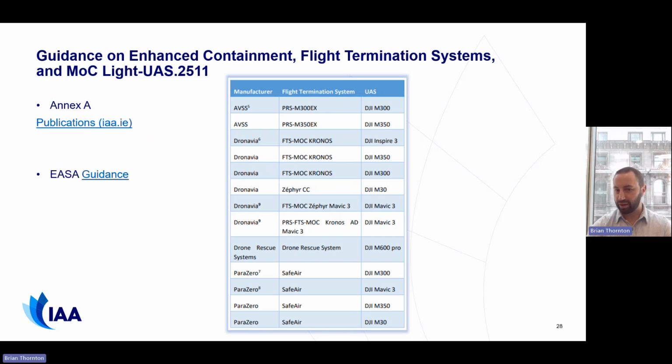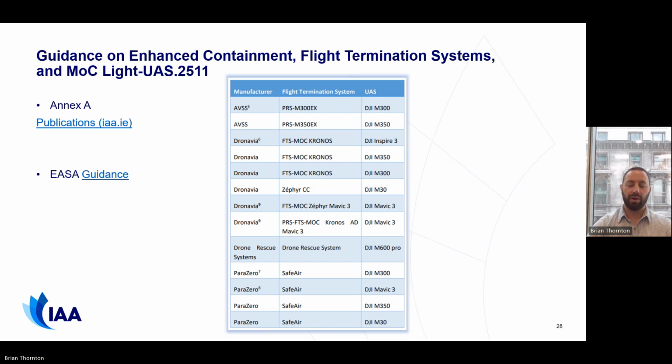The good news for operators and for applicants out there, there are a variety of flight termination systems for some models of, you can see, DJI aircraft. There are different OEM flight termination system manufacturers, and we expect this to grow as industry grows and the requirement for flight termination systems is recognized across EASA member states primarily, but more broadly in the global context.